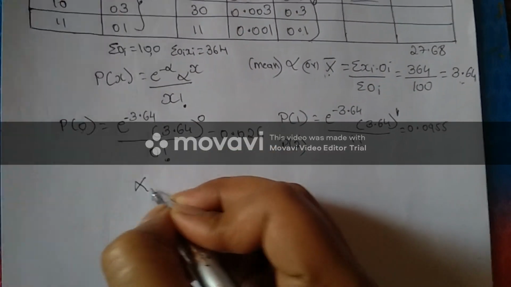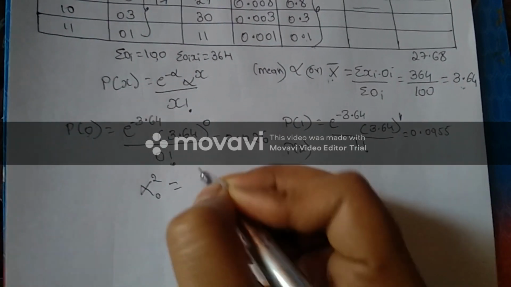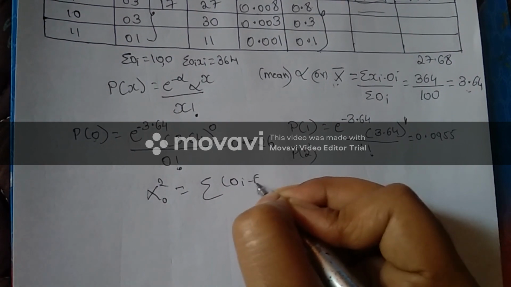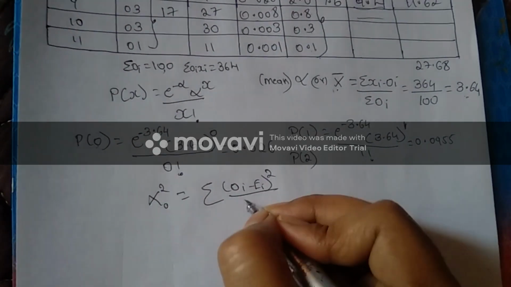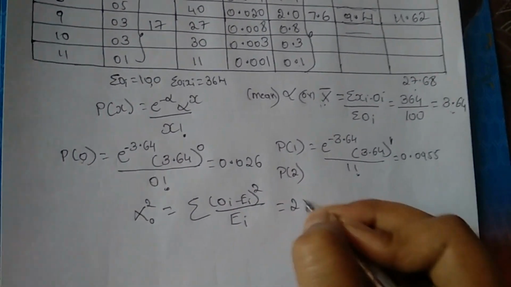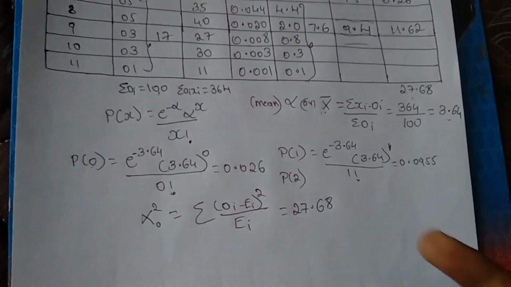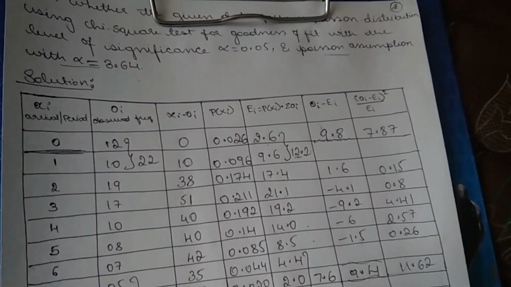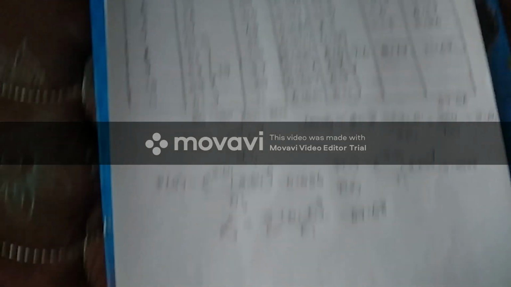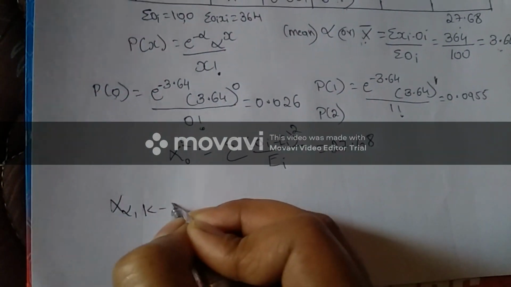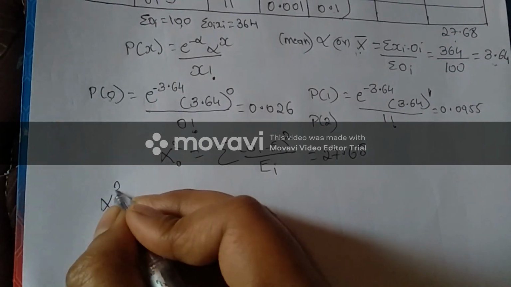Now find out the chi-square. X naught square is equal to summation of OI minus EI whole square divided by EI. Already we have calculated the summation, that is equal to 27.68 here. Level of significance alpha is equal to 0.05 is given. Now you have to check x alpha comma k minus s minus 1.